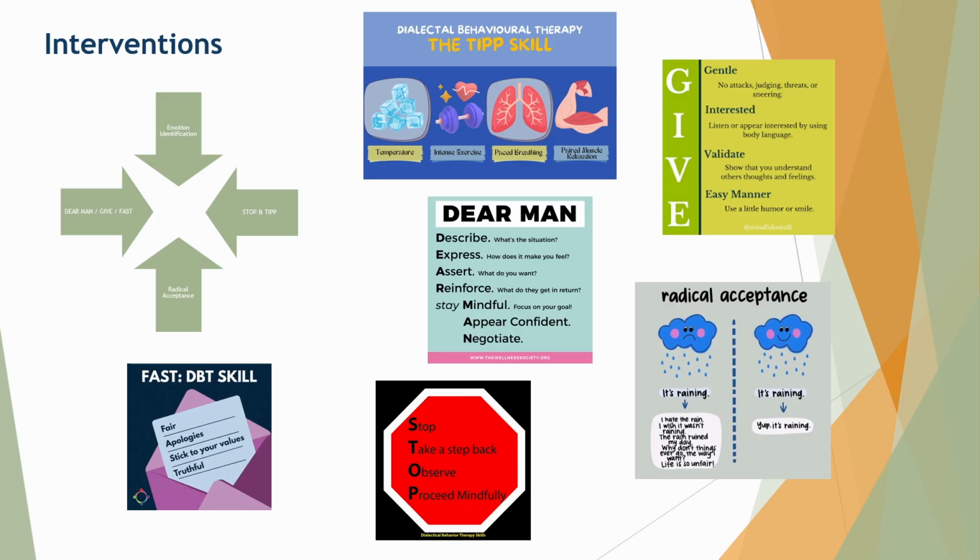One of the first interventions to focus on when using DBT is increasing the client's awareness of emotions. Many clients know they are upset, but they struggle to identify what they're actually feeling or why.